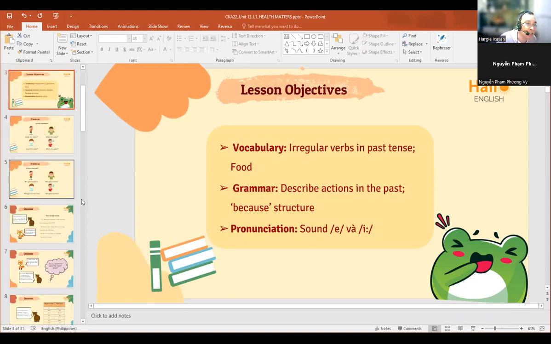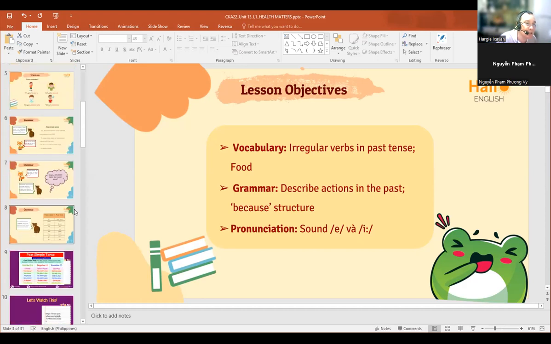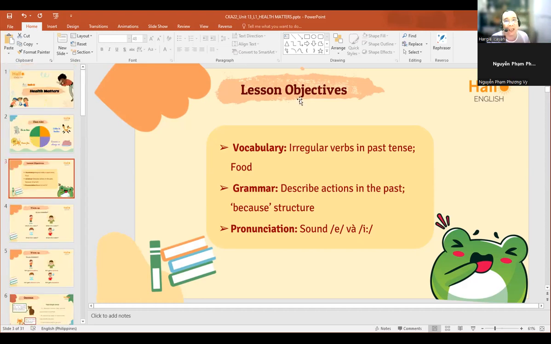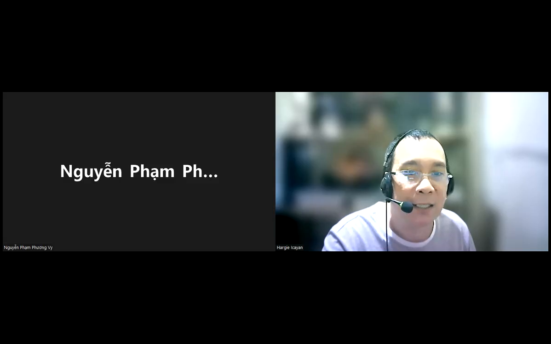Do you have any questions with this? No. If you don't have any questions, I'm going to share a video on how we form the past tense of the verb.